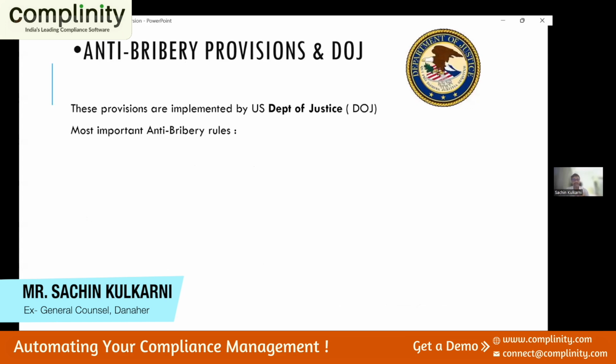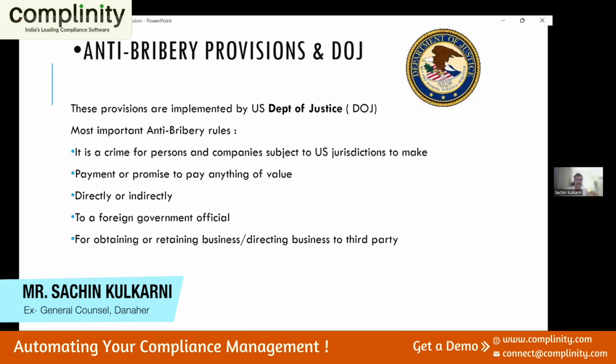The DOJ, as they popularly call it, implements the anti-bribery provisions. There are a host of provisions which I have tried to break down into simple rules for all of you. Basically, it is a crime for persons and companies who are subject to US jurisdiction. And when I say US jurisdiction, as I said in the previous slide, I mean the employees, directors, distributors and service providers of Indian subsidiaries of US companies, not just the global corporation executives sitting in the US.